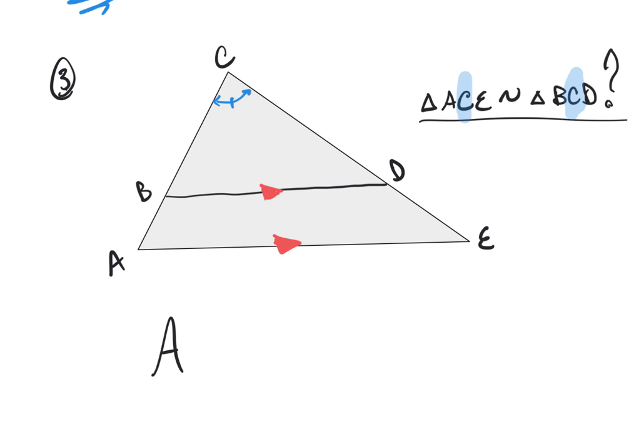Can we get to a second A? Well, there's no numbers given for the measures. There's no other tick marks that help us out. But what we are told is that the two lines are parallel to each other. BD, AE are parallel.